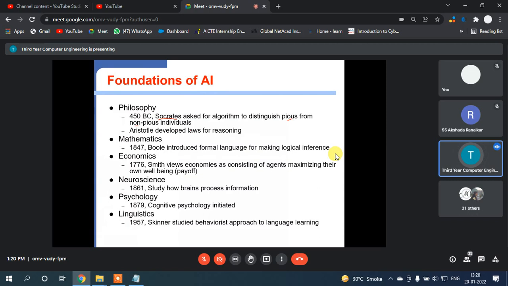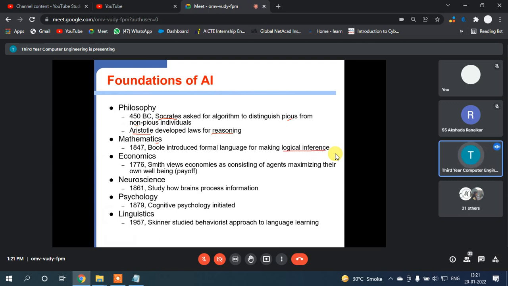In the market, and that algorithm developed by the Alstor laws for reasoning. So reasoning is a concept of AI that came from philosophy. Then from mathematics, in 1847, Boole introduced the formal language for making a logical inference. This is a term also used in AI.